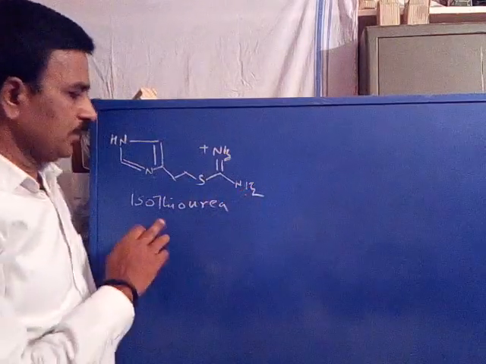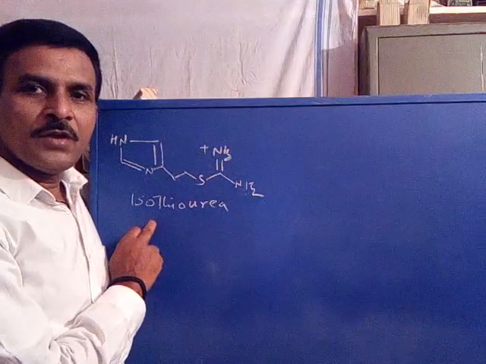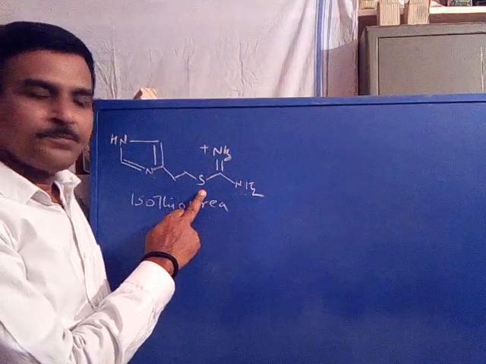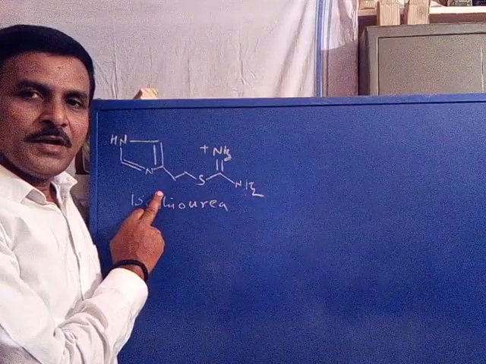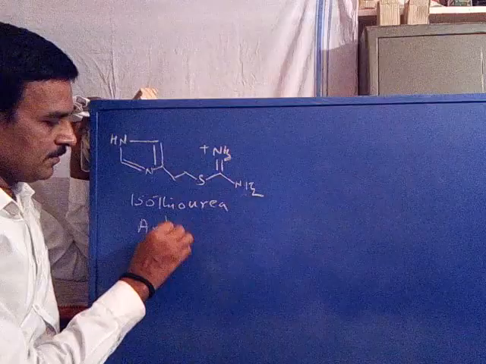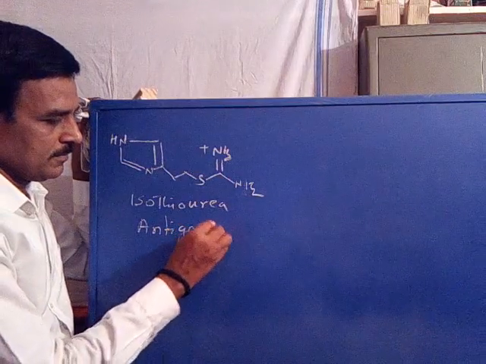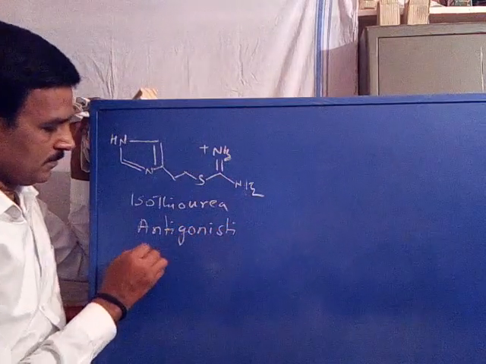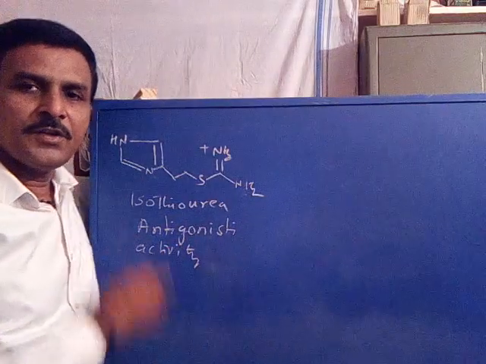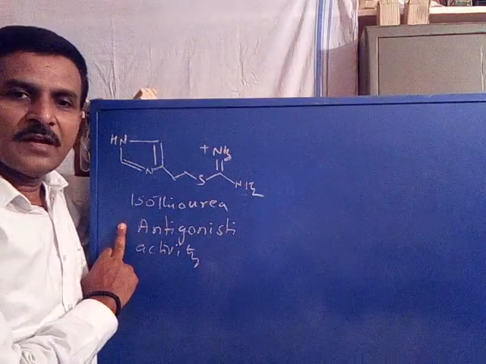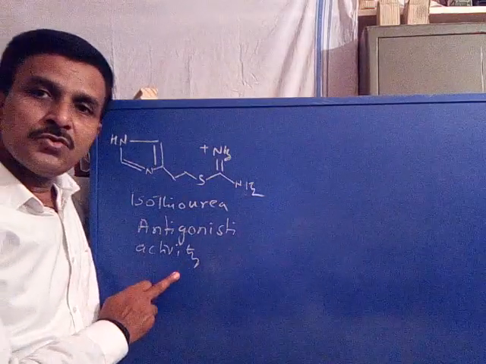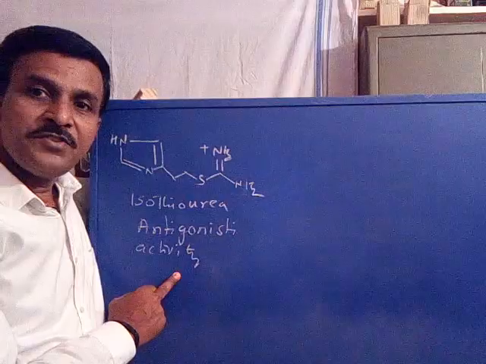However, the isothiourea derivative, where NH is replaced by sulfur, shows antagonistic activity. In addition to antagonistic activity, it also shows partial agonistic activity.